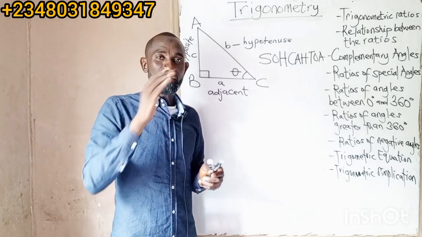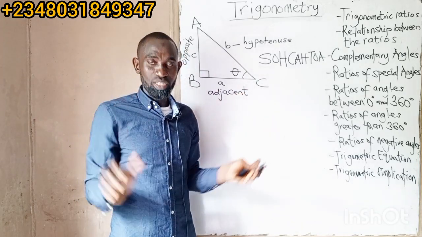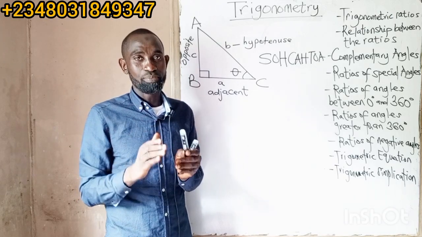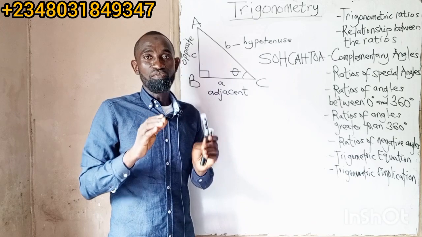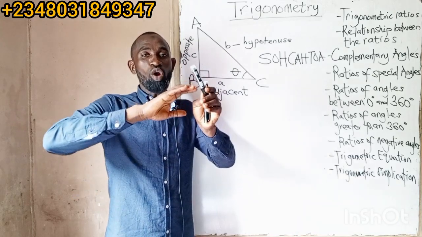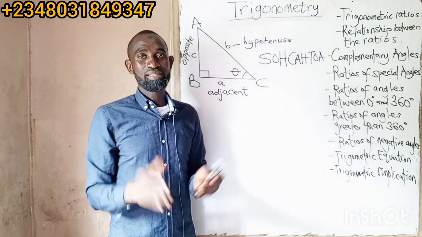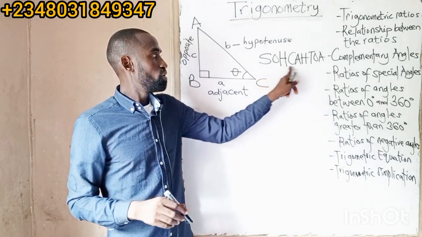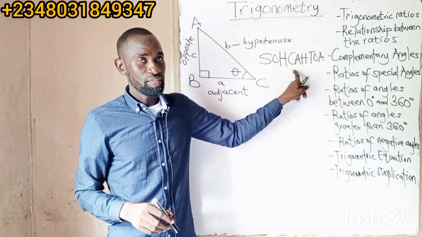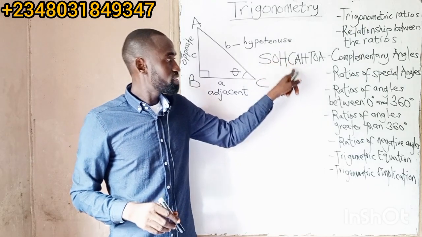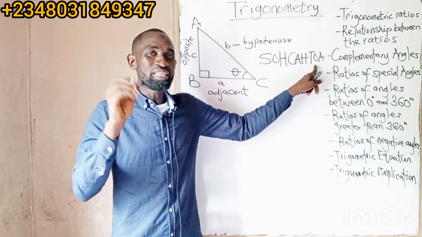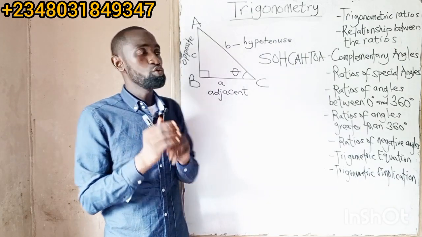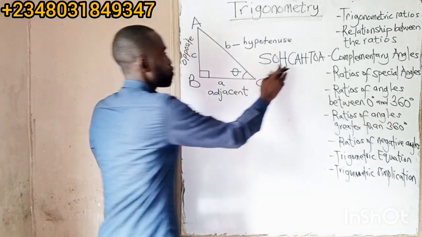If the question involves sides only, I will use what we call Pythagoras theorem. But if the question involves a combination of angles and sides, I will use a suitable one of these, depending on the one that suits the question that I want to solve. So let us go, class.